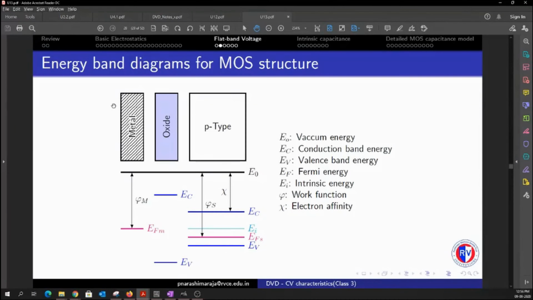Now you can see that the Fermi level of my metal is higher than the Fermi level of my p-type semiconductor. And from the concept you have learned in your p-n junction, what happens when you try to combine both the p-type and n-type semiconductor? What exactly happens when you merge, when you sandwich these two distinct layers?